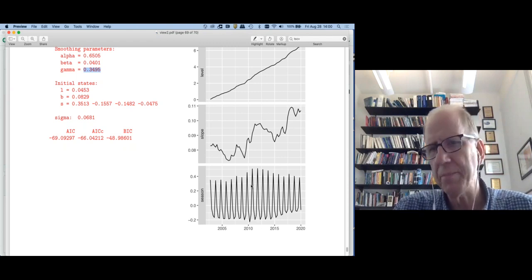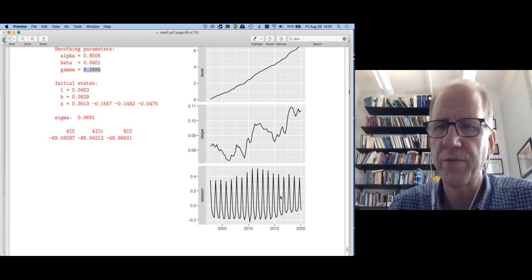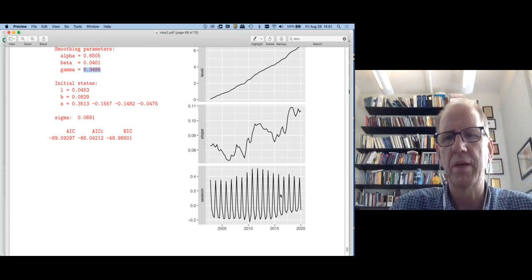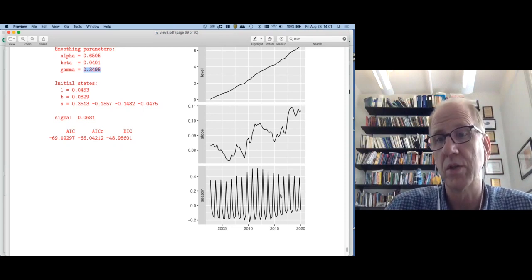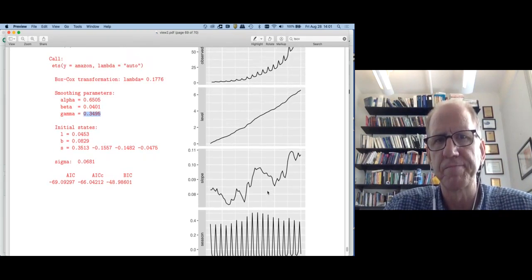It looks like the amplitude gets a bit greater around 2010, and then you see reduced seasonal effect beyond that. Maybe they've diversified their portfolio so it's not as dependent on just Christmas. But that's kind of an interesting effect, and it shows up very clearly in this plot.